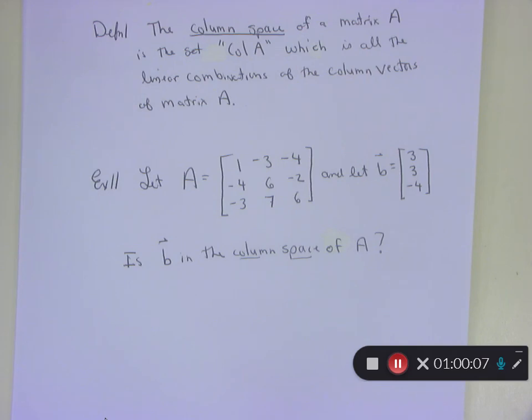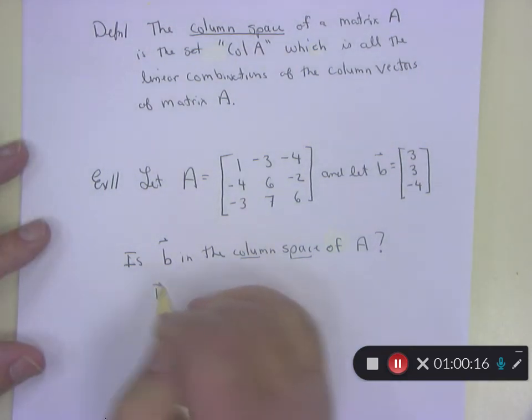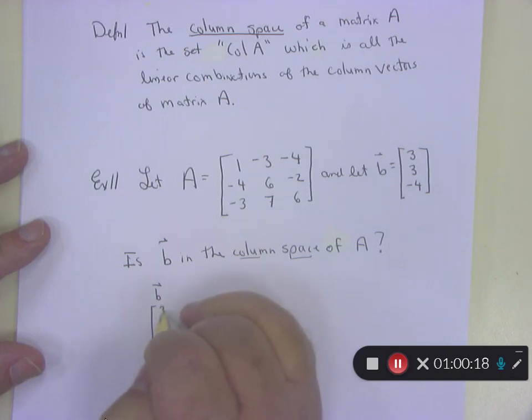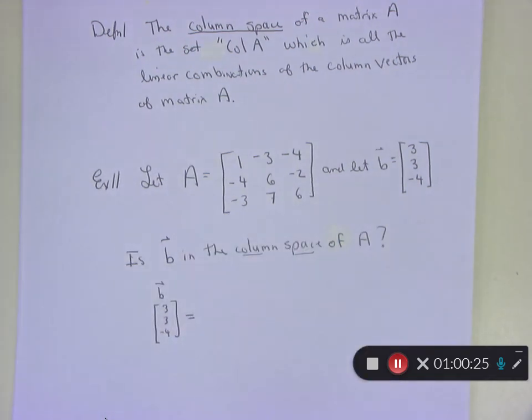First off, let's talk about what it means to be in the column space. So the question really is this: is vector B, which is 3, 3, negative 4, equal to, and what does it mean to be in the space? Linear combinations. I keep drumming that into your head.